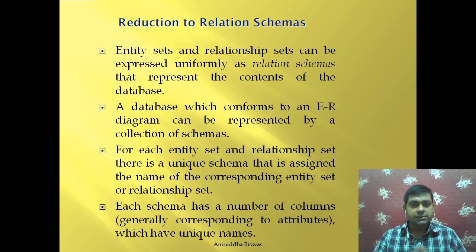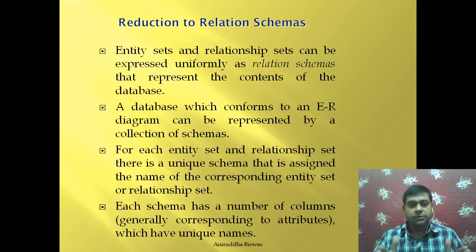Entity sets and relationship sets can be expressed uniformly as relation schemas. That means when we are going to design our database, the entities and the relationships can be converted into relations, and relations mean tables.